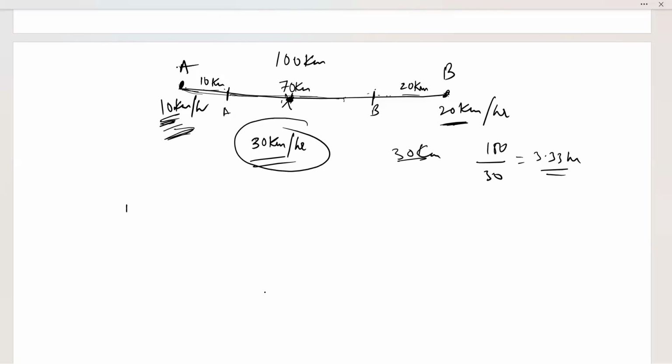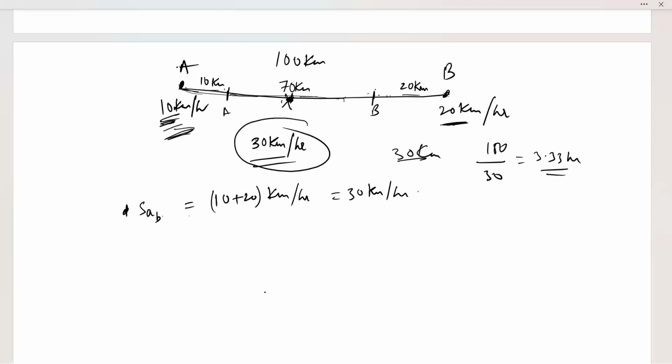In this case, the relative speed of A with respect to B is equal to 10 plus 20 kilometers per hour, which is 30 kilometers per hour.